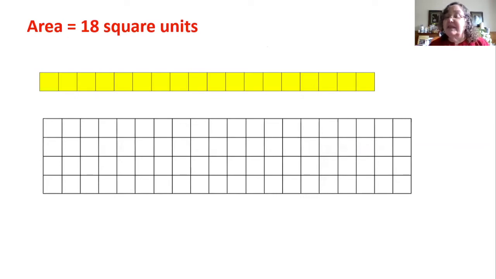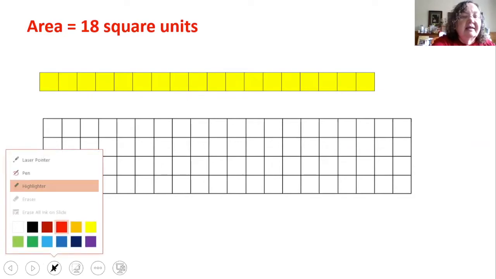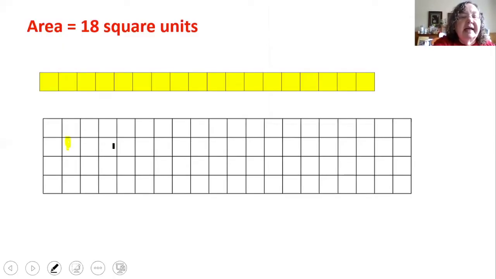Okay, let's look at some of them that you might have built. Well, the first one that I have here is one layer of 18. So on my grid paper, I would want to draw a 1 by 18. Just like this. Not perfect, but close enough.